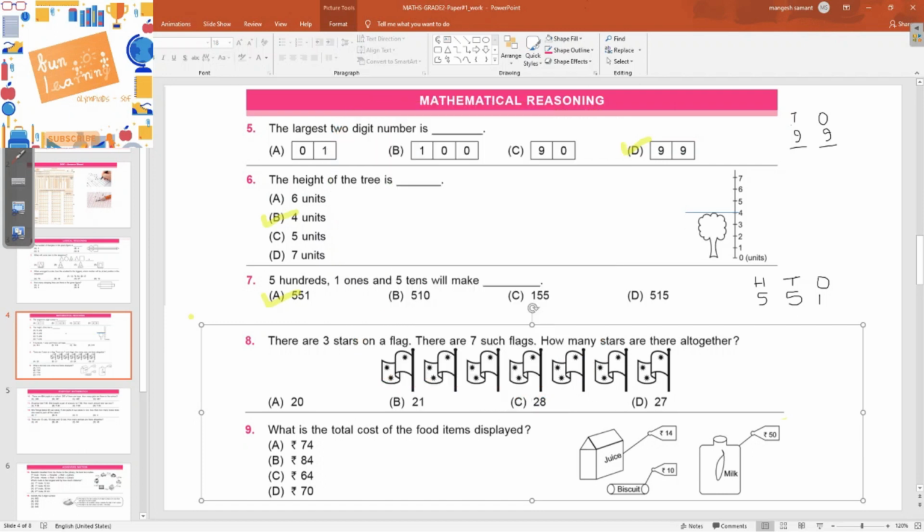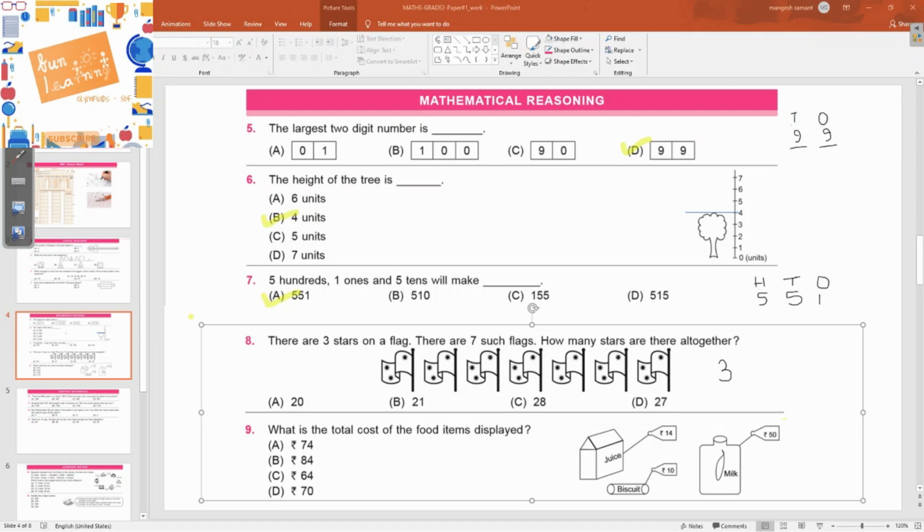So take care there. Okay, now let's go to our next one, which says there are 3 stars on a flag and there are 7 such flags. How many stars are there altogether? Don't start counting. This is a simple one to tackle. So there are 3 stars on each flag. 1, 2, 3, 4, 5, 6.